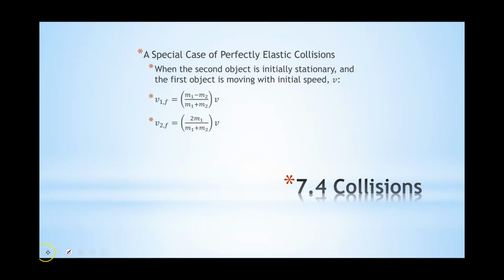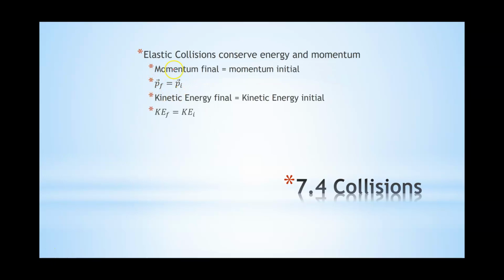All right, if I back up just a minute, we're looking at this idea. So if I were to expand these out for two objects, my initial momentum m1v1I plus m2v2I is equal to m1v1f plus m2v2f.